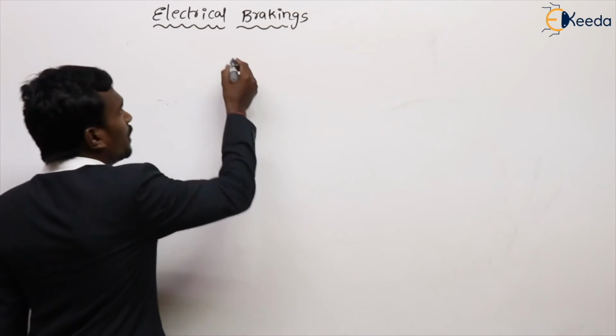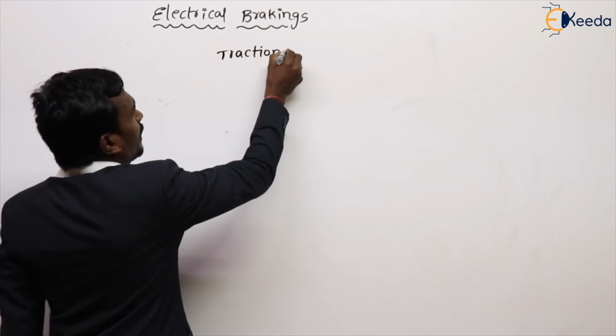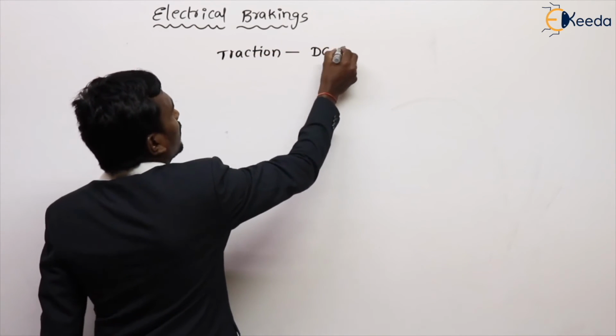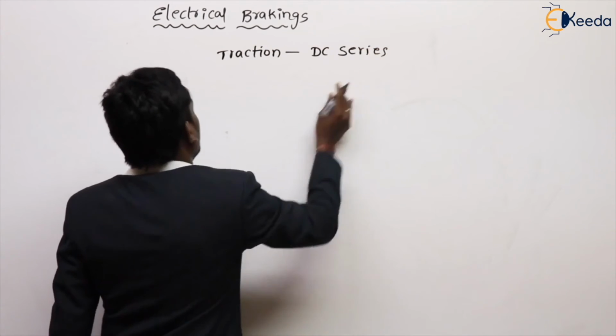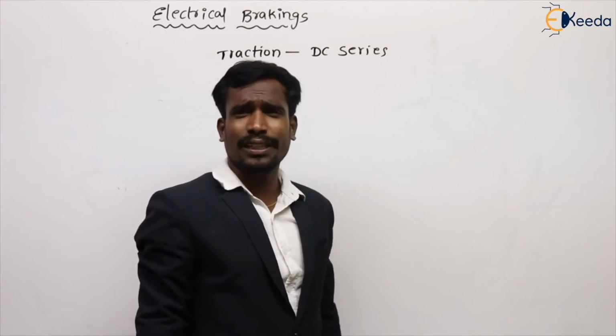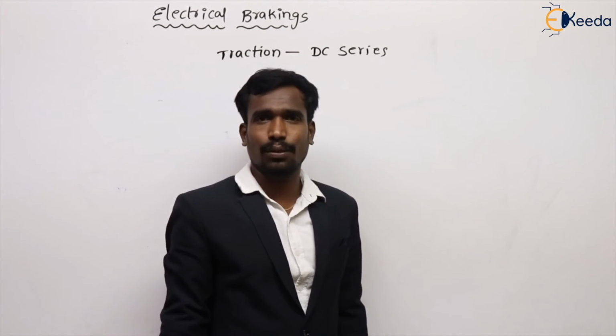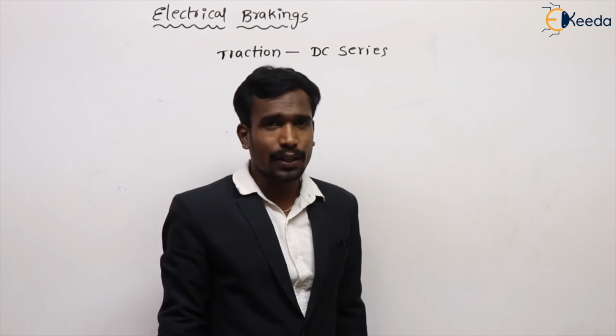Generally, as I told you, in traction which motor is preferable? In traction we are using the DC series motor. Very good question. How many DC series motors are you using? For example, n number of DC series motors. Okay? Are you ready?